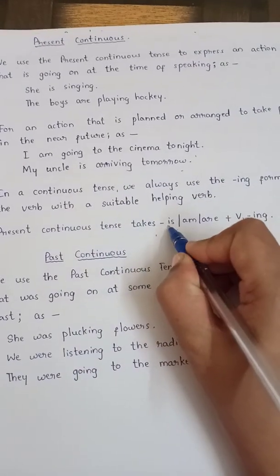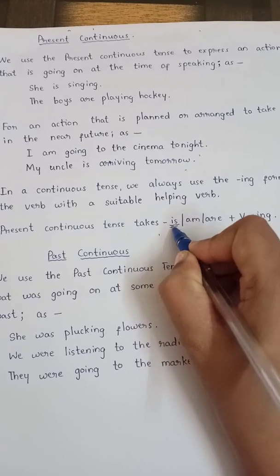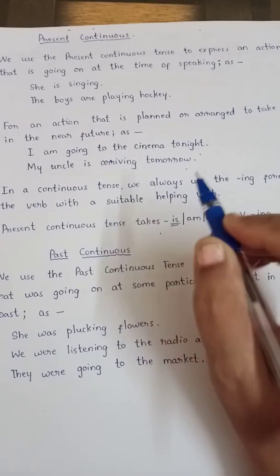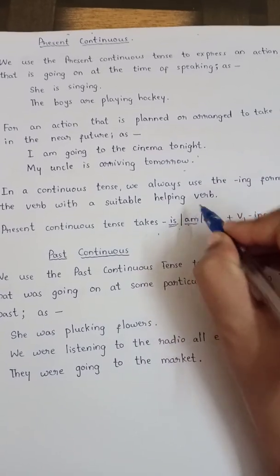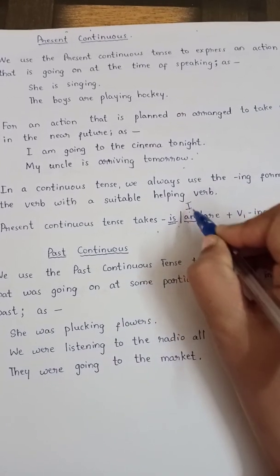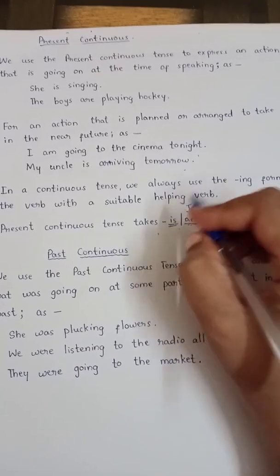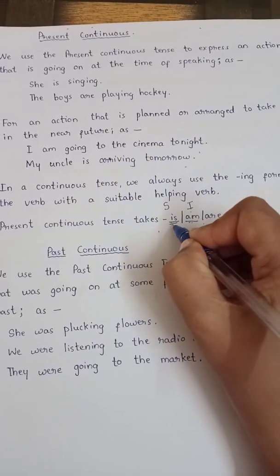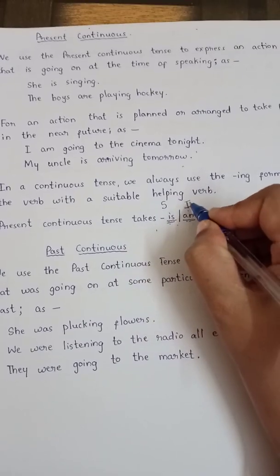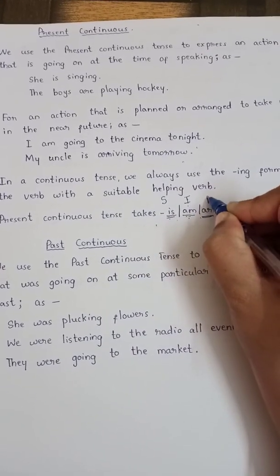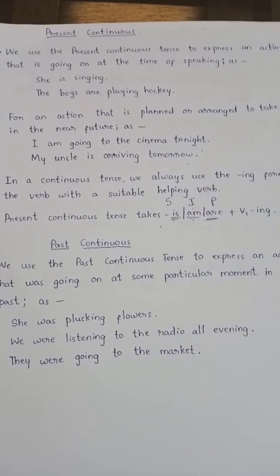I told you in the previous class, when does is come? When the subject is singular we will use is. When there is I, we will use am. And when there is a plural subject, we will use are.